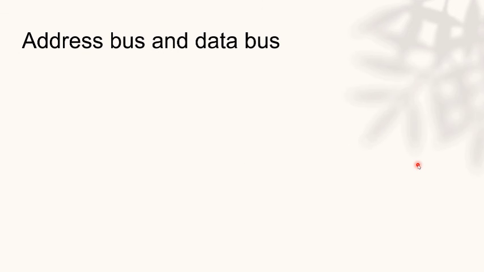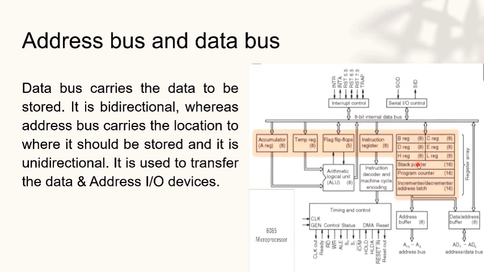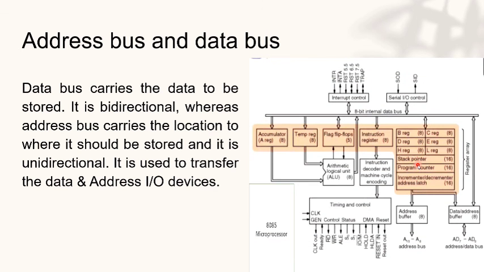Okay. Now we'll talk about address bus and data bus. Data bus carries the data to be stored. It is bidirectional, whereas address bus carries the location to where it should be stored, and it is unidirectional. It is easy to transfer the data and address to input/output devices. See what we are talking about: address bus and address data bus.